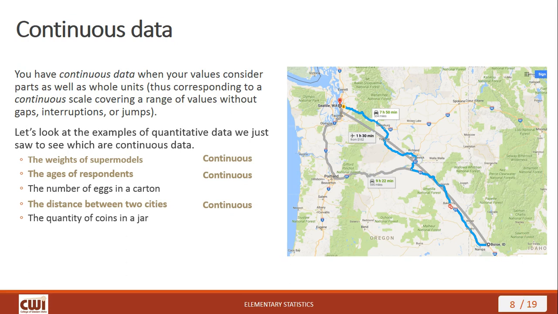So it's not going to be a whole number of miles or a whole number of kilometers, but you're going to have a partial kilometer and a partial mile to tack on the end to describe the full distance between two cities. And the quantity of coins in a jar, as we saw earlier, is an example of discrete data because you're not counting partial coins, you're only counting whole coins.